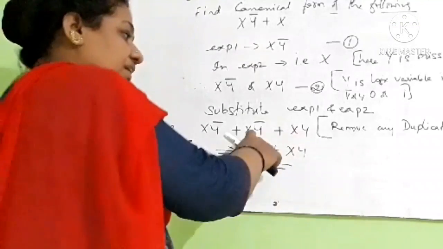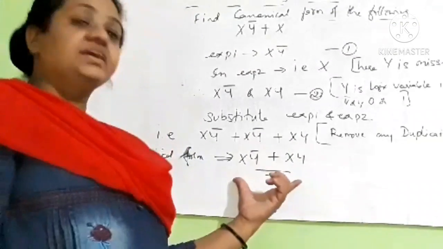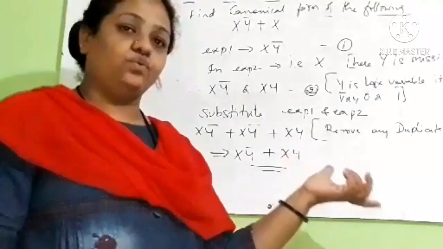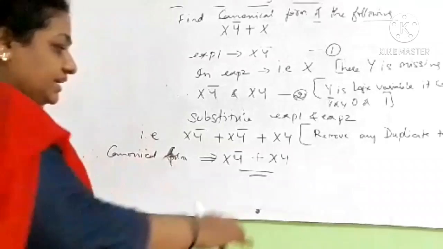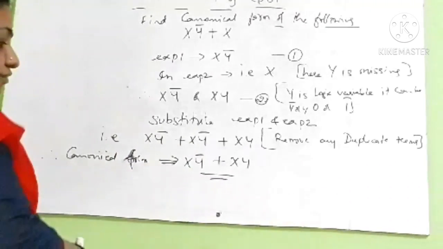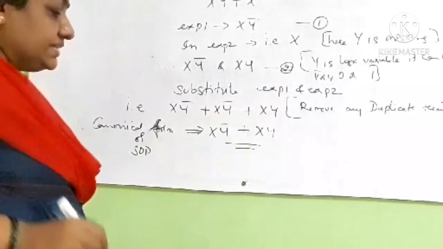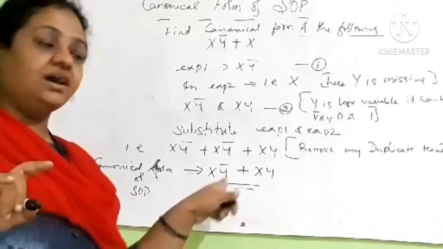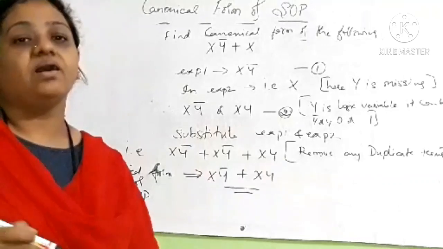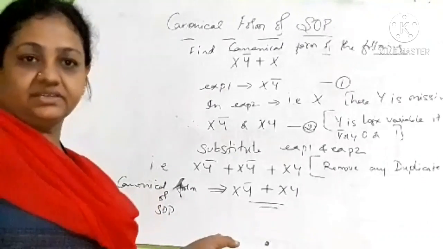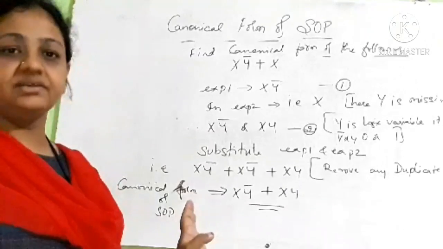So we remove the duplicate and the final representation is x y bar plus x y. So now we can say that this is the canonical form of SOP. As we can see, all variables are represented in all the terms. Fine everybody? Hope you have understood this.